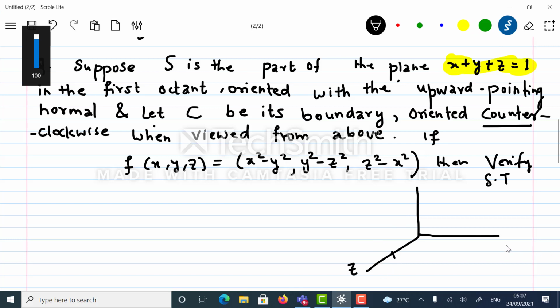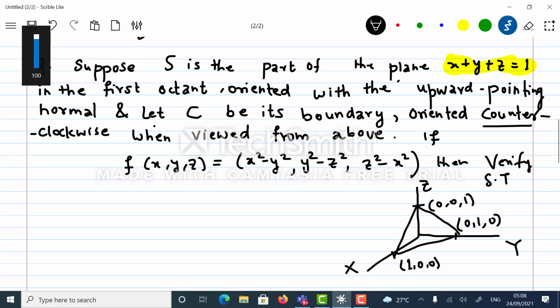This is the z axis, this is the x axis, this is the y axis, this is 1, 0, 0, 0, 1, 0, 0, 0, 1. So I can easily locate the 3 points from the tetrahedron, and then we can draw. We have to take only the region which lies in the first octant.